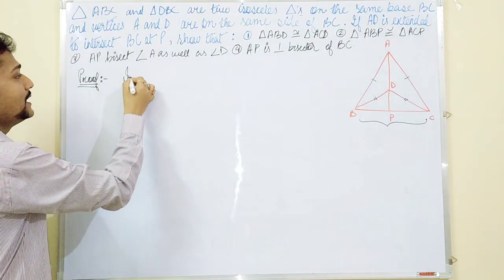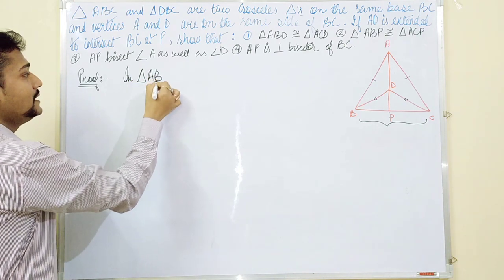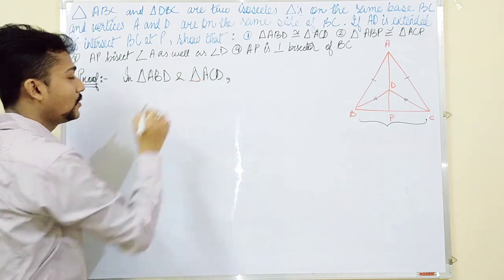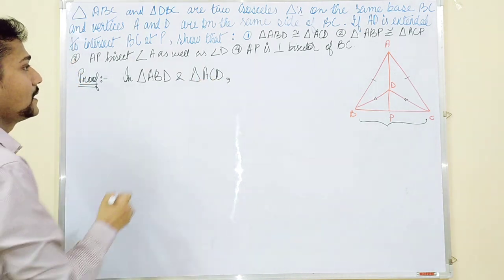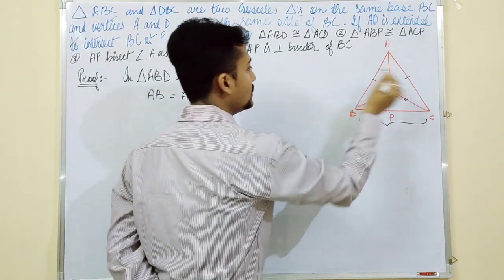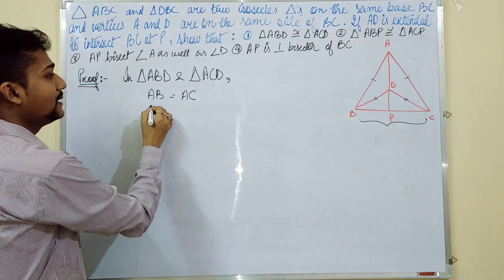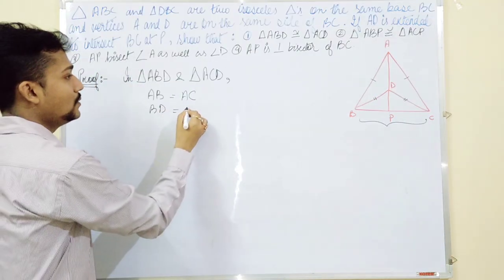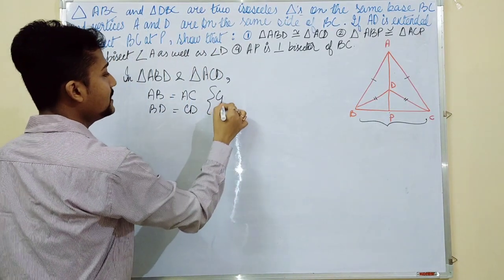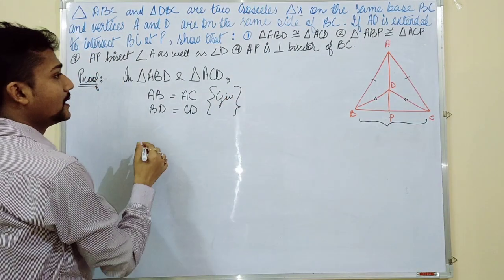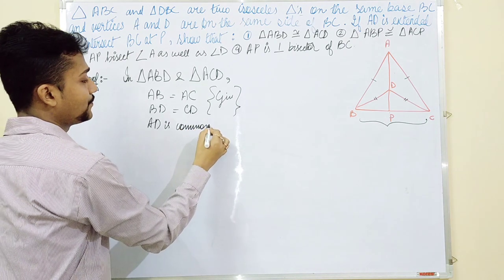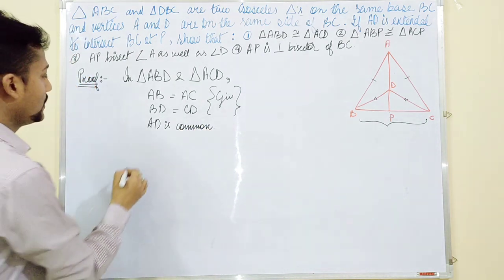So take like this: in triangle ABD and triangle ACD, AB is equal to AC, this is equal to this, okay, and BD is equal to CD, this is equal to this, both are given, isn't it? Then AD is common.